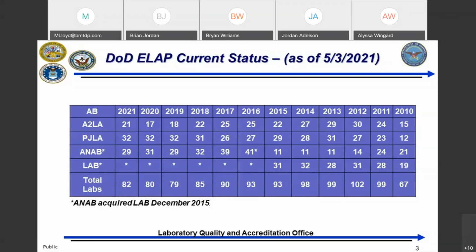So the DoD ELAP certainly has opened up room for more laboratories, room for more competition as well. So we're excited to see that number, and we're glad to see that number of laboratories participating in the program. From what we can see, they're all providing a quality output for the program and for the DoD ELAP.